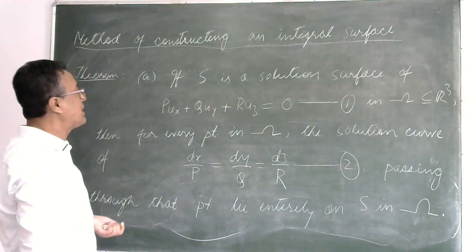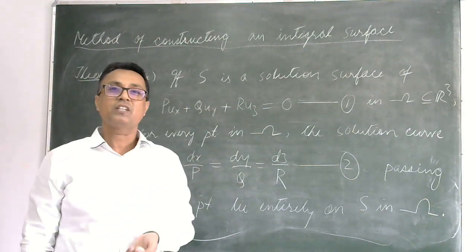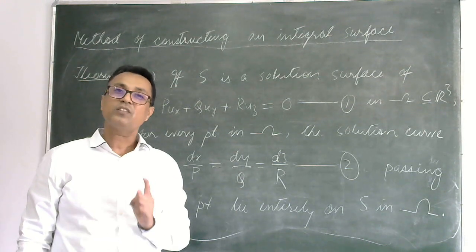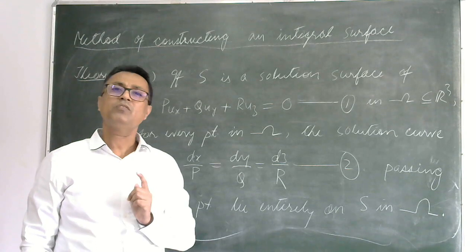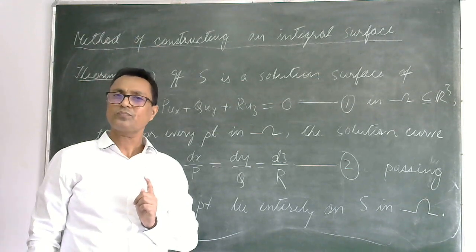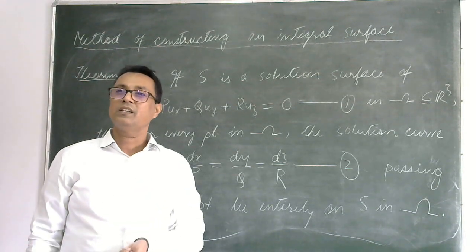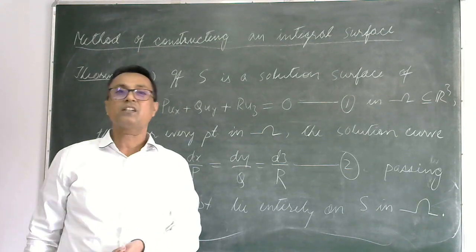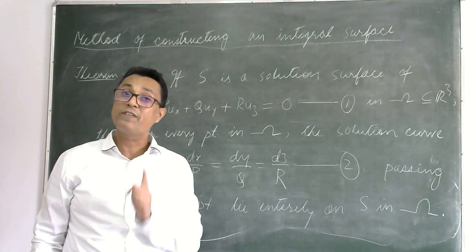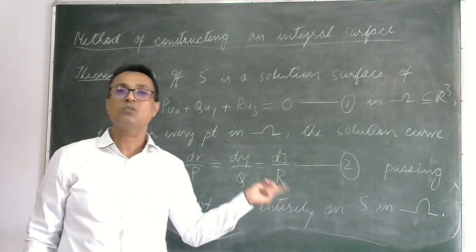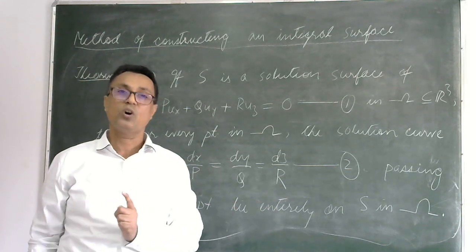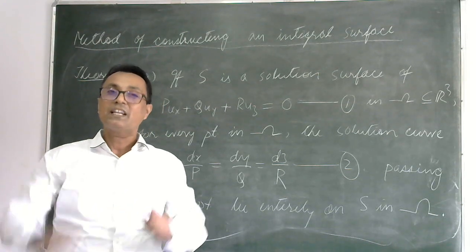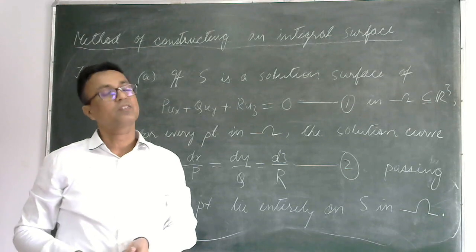Then I am considering a curve passing through a particular point on that surface, fine? And if that curve is an integral curve corresponding to a vector field V whose components are P, Q, R, of course at least one of them has to be non-zero, then that curve must lie entirely on that surface. Are you getting my point?